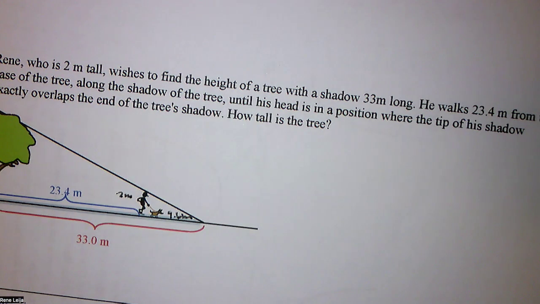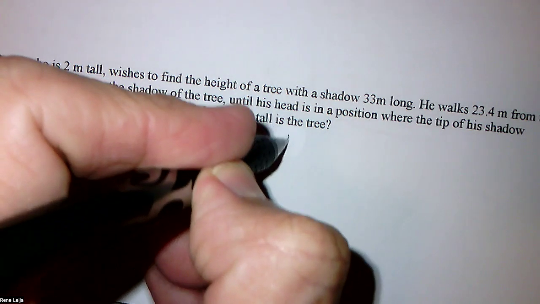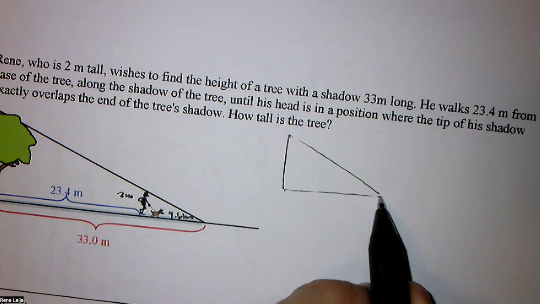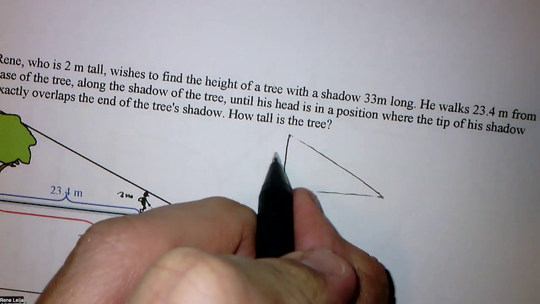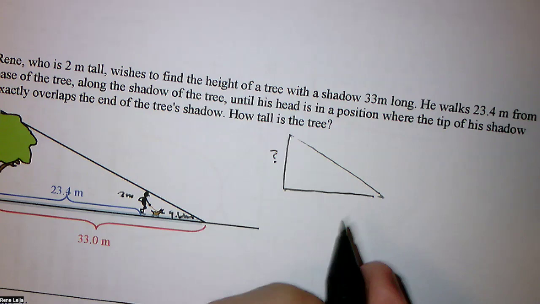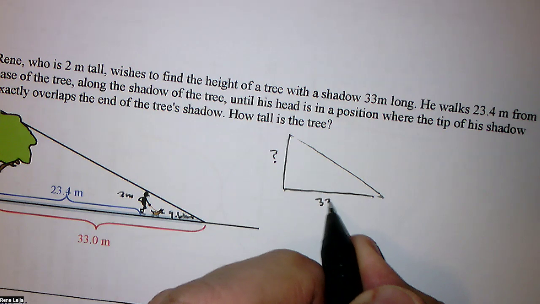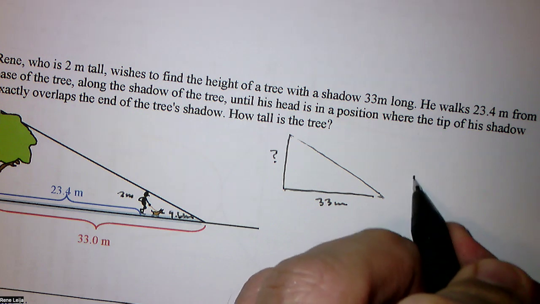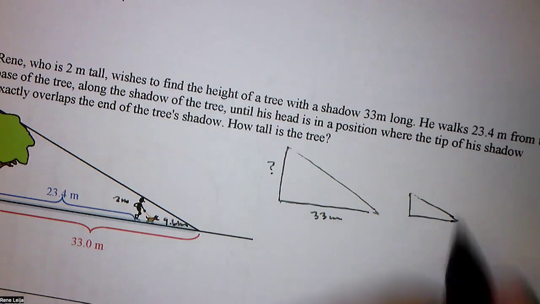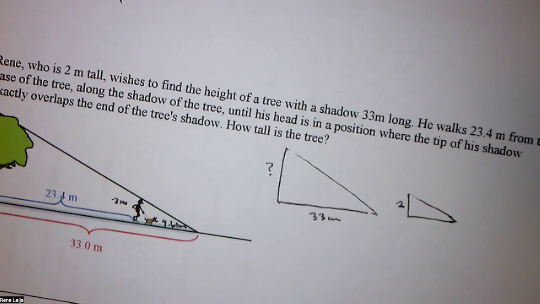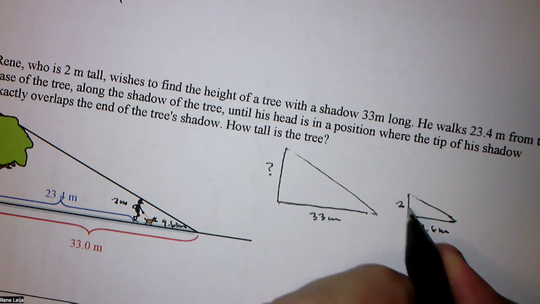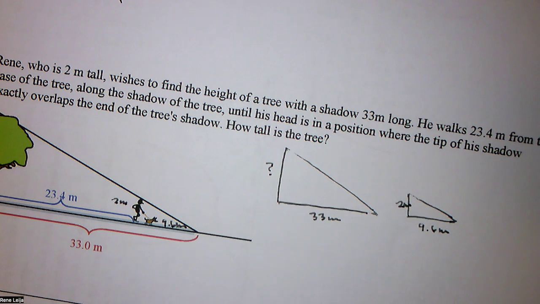Now, notice that we have similar triangles. Here is the larger triangle. This is the tree. We don't know its height, but I do know that the base of this triangle is 33 meters. Then we have the smaller triangle, which is Renee, who is 2 meters, and I know that this base is 9.6 meters long.